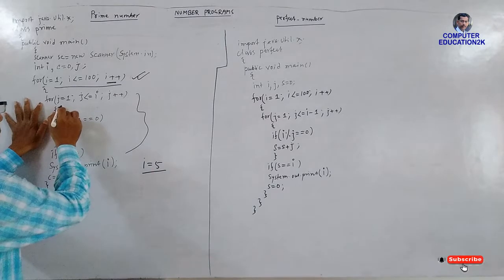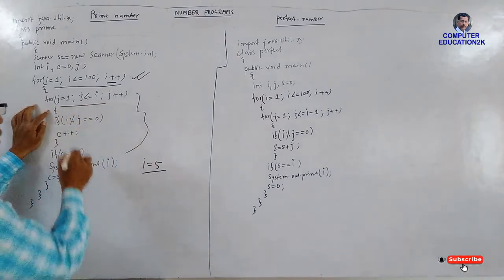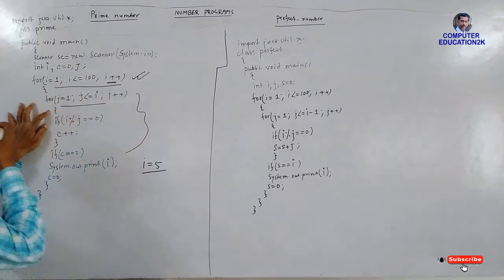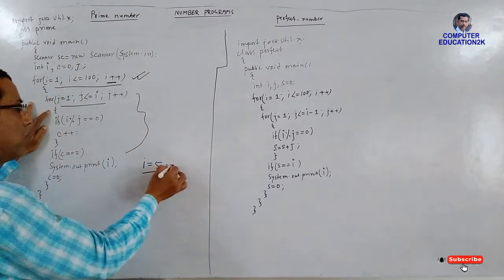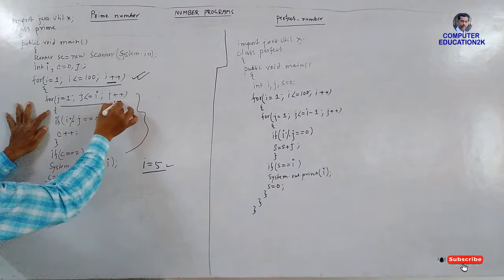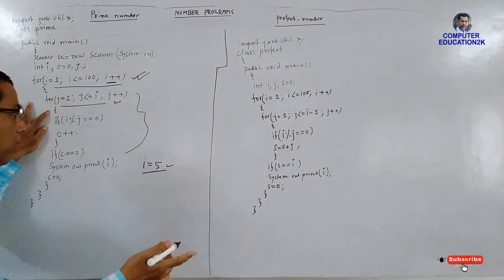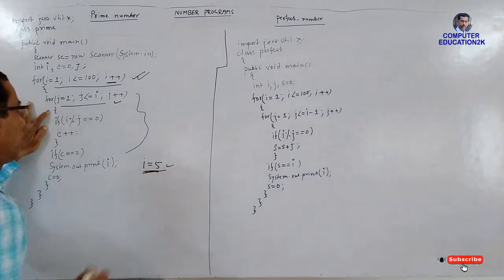I have made one more loop here: j equals 1, j less than equals i, j plus plus. The value of i is 5, and by using this j loop we will check whether this number is prime or not. How?